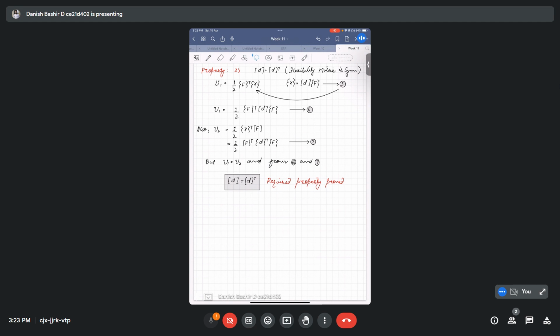Now, two different modes of the same system have different modal frequencies. There is a relationship between these two modes, which we call orthogonality. How we define this orthogonality, I will tell you in a couple of minutes.